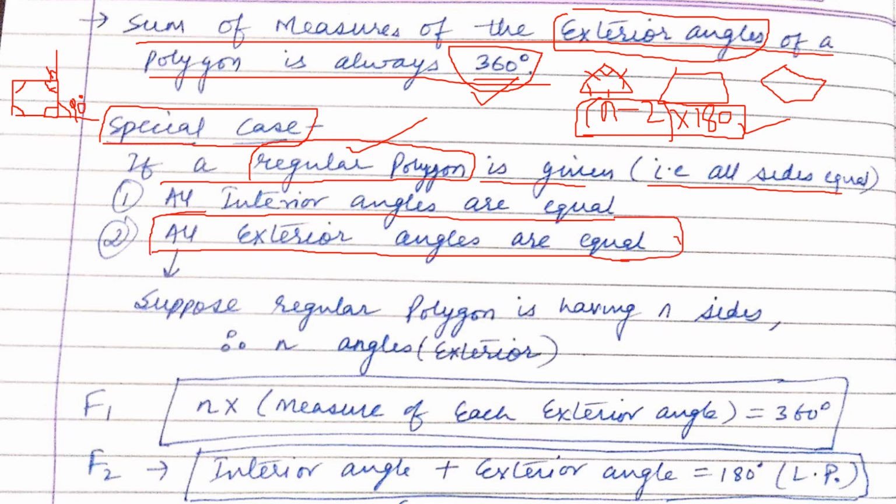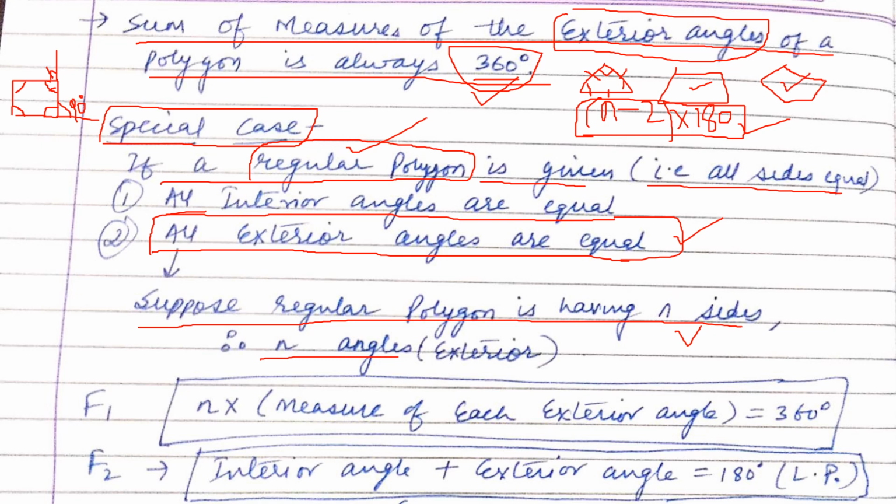Let's see how. Suppose we have a regular polygon having n sides. So we can say if it is having n sides, there are n angles in that polygon, because in a triangle there are 3 sides, there are 3 angles. In a quadrilateral there are 4 sides, 4 angles. In a pentagon 5 sides, 5 angles.